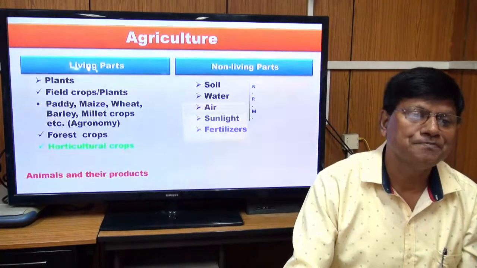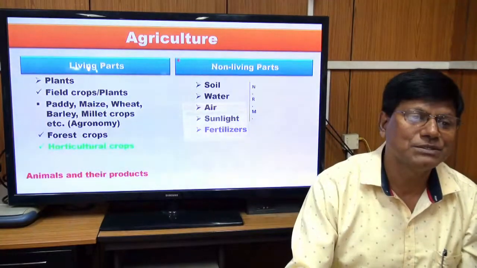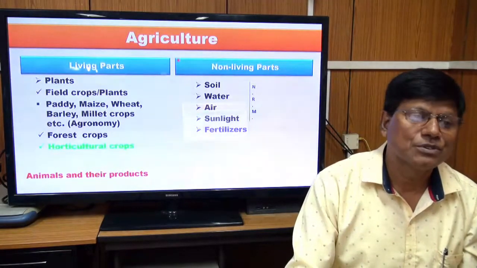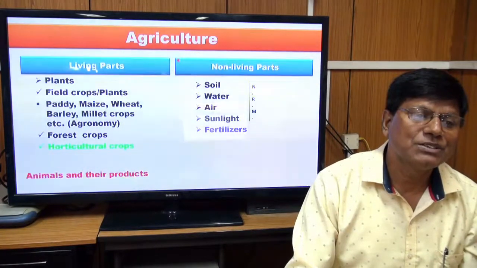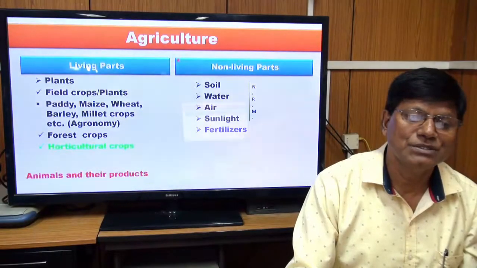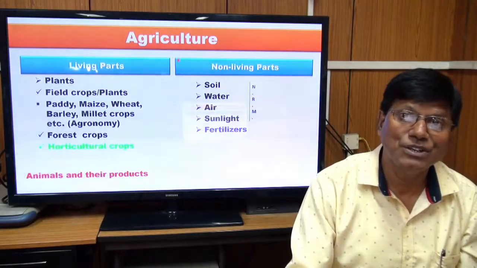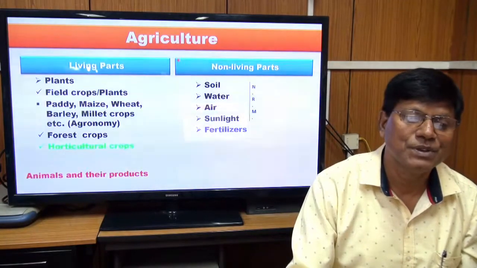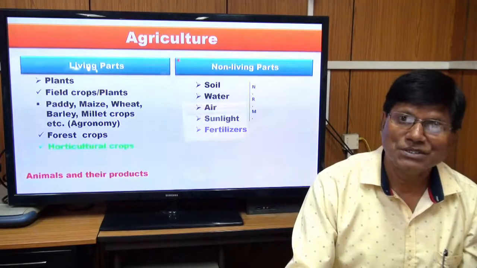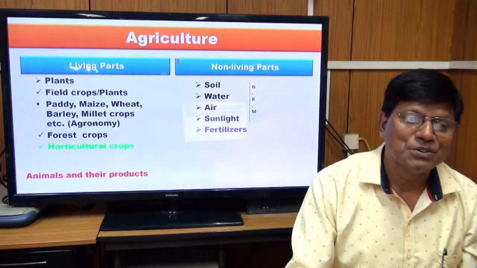Now coming to the living part. As I told, plants, field crops, may be paddy, maize, wheat, barley, millet crops, etc. All these field plants come under agronomy. Under horticulture, plants are also there.